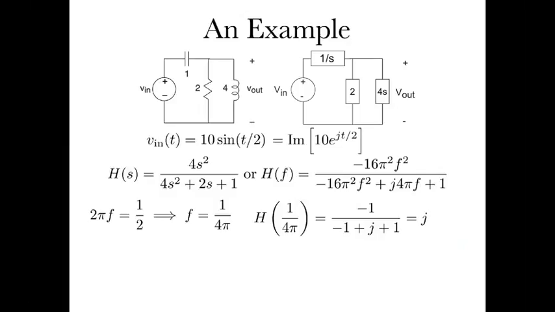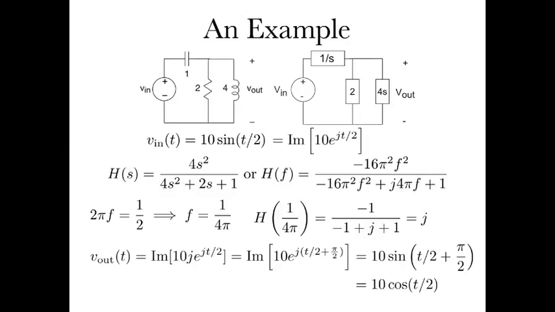Now we get to figure out what the output is. I'm going to think about our sinusoid as being the imaginary part, since it's a sine wave, probably makes it easier, as 10 e to the jt over 2.